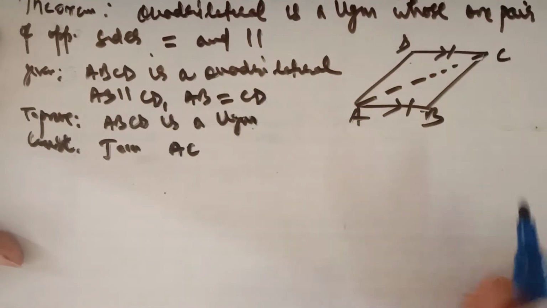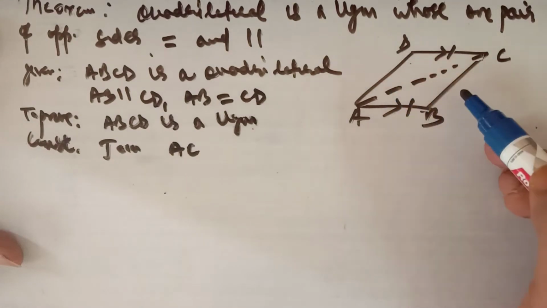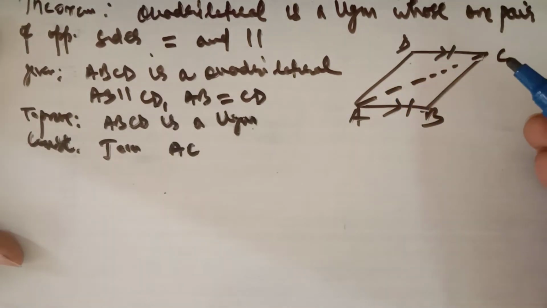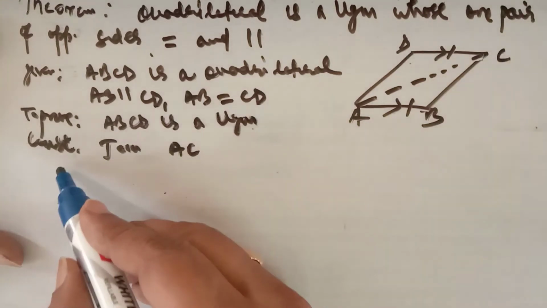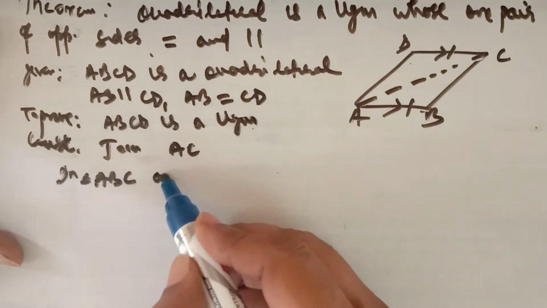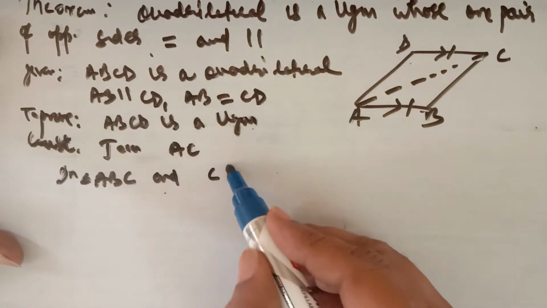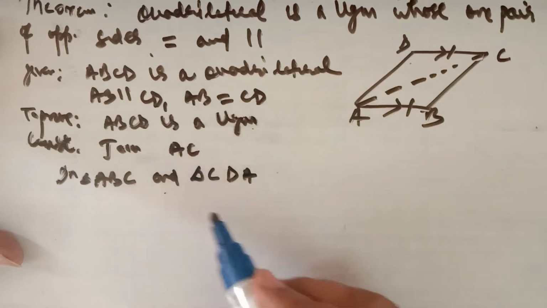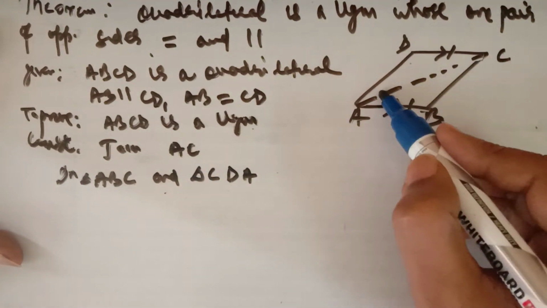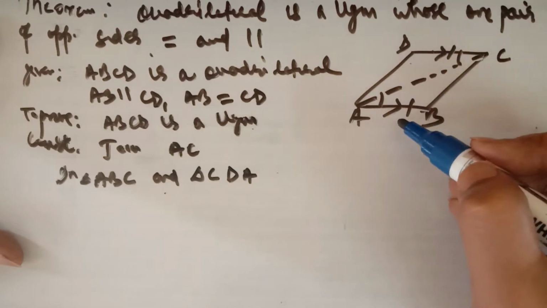Now because AB is parallel to CD, if I prove that AD is parallel to BC, then it will become a parallelogram. So I will prove that triangle ABC and triangle CDA are congruent. Angle BAC is equal to angle DCA because these are alternate angles, as this line is parallel to this.